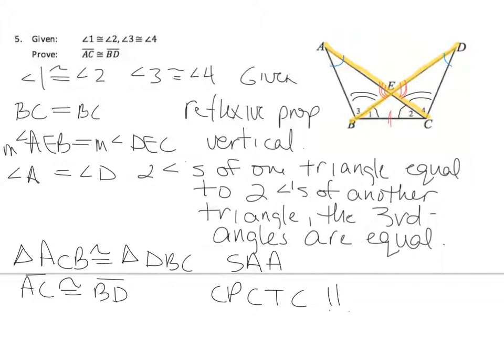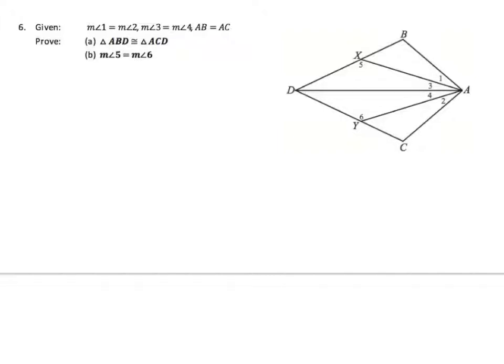One more! Alright, this looks like fun, doesn't it? Let's mark what we know. Got a measure of angle 1 is equal to the measure of angle 2. The measure of angle 3 is equal to the measure of angle 4. And AB is equal to AC.